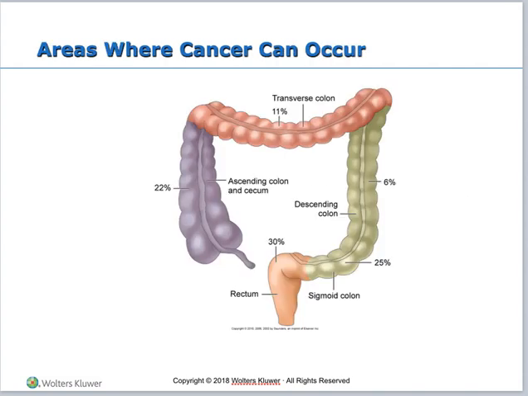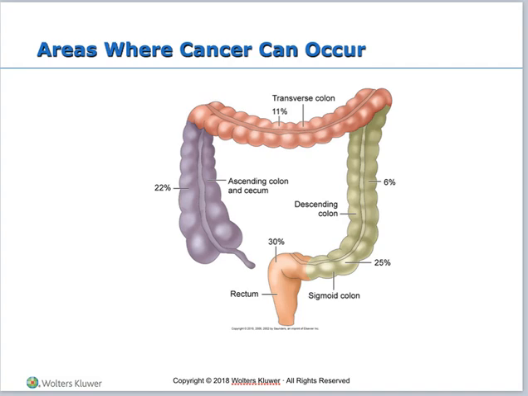I've got a slide here that shows you where we can have it and how frequently it occurs in that part. So you can see 30% of it is in the rectum, followed by 25% in the sigmoid. So I would say those are the most prevalent, and then you've got the ascending colon as the third most common.